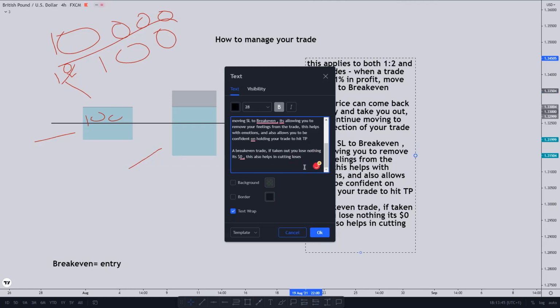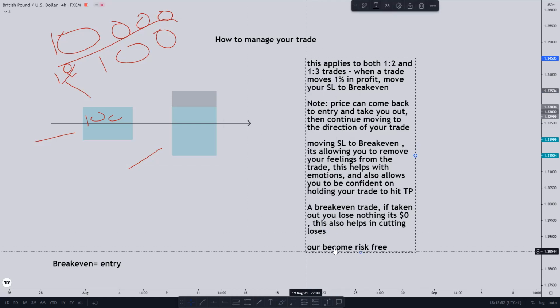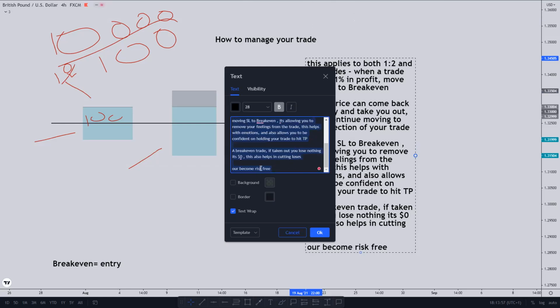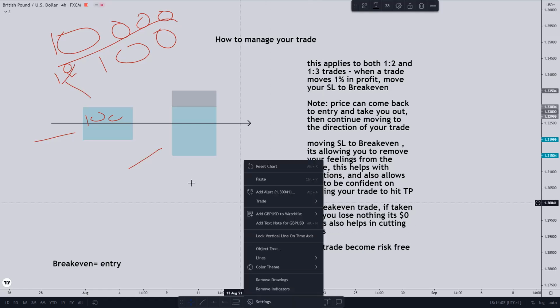Our trade becomes risk-free. There we go, right?